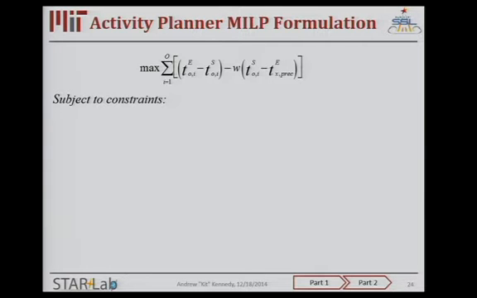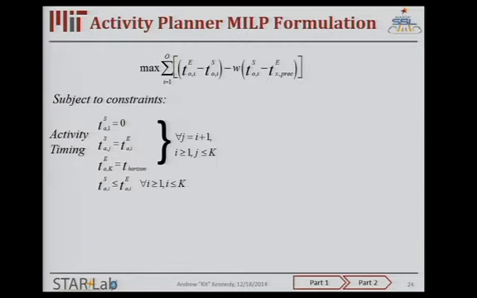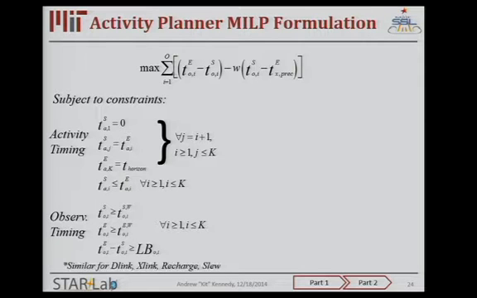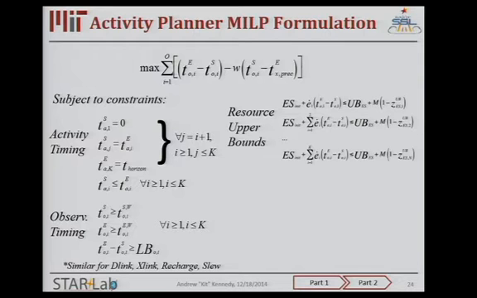Again, that is to minimize the staleness of the state information. But maximizing this function is subject to several constraints. First of all, activities have to follow each other, and they have to start at time 0 and end at a time horizon of planning. Then observation timing has to fit within the windows in which observations are actually available to be executed. The same goes for downlink, crosslink, and recharge.